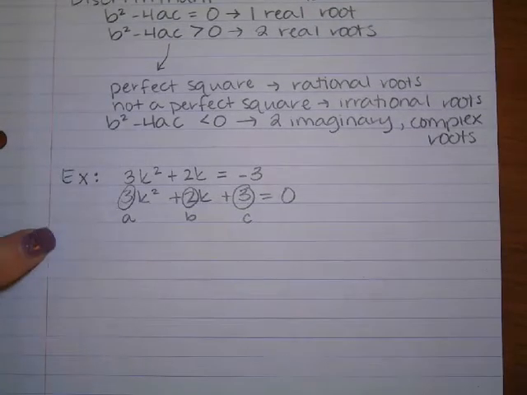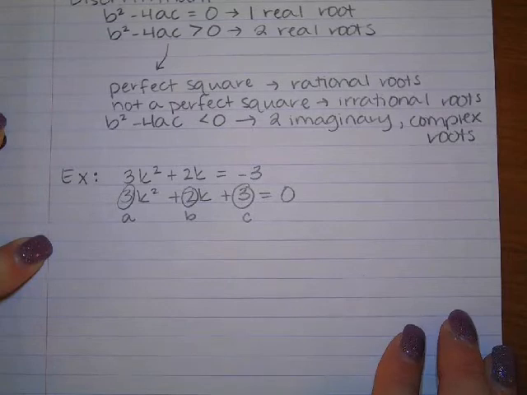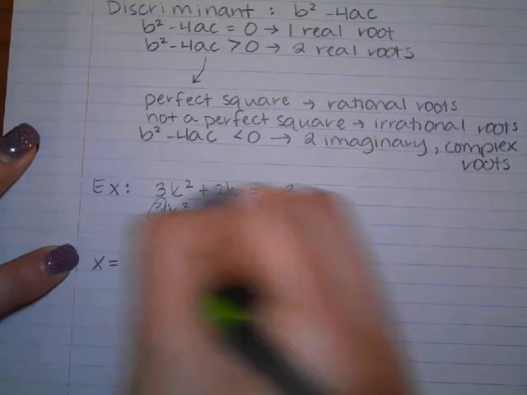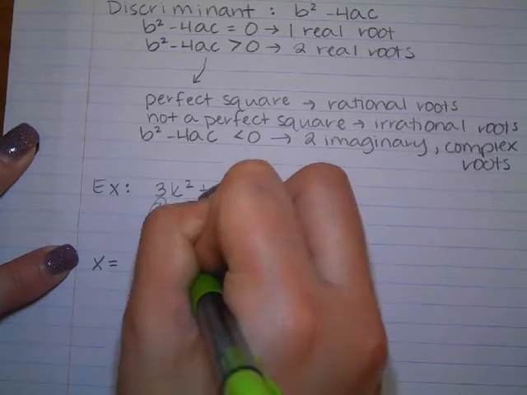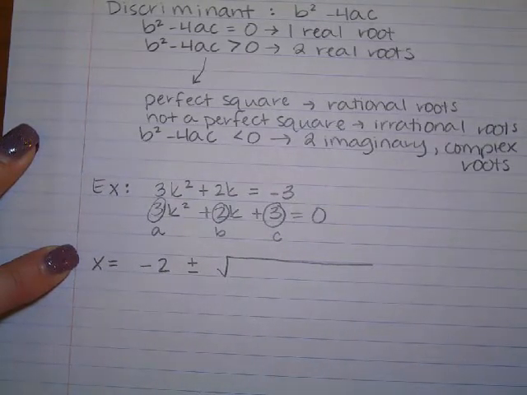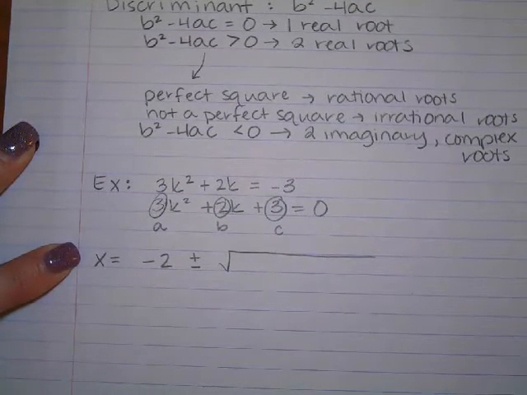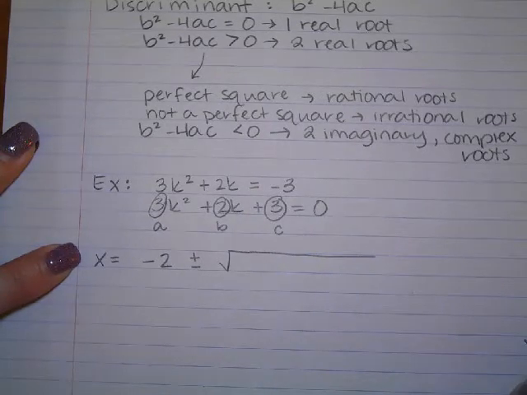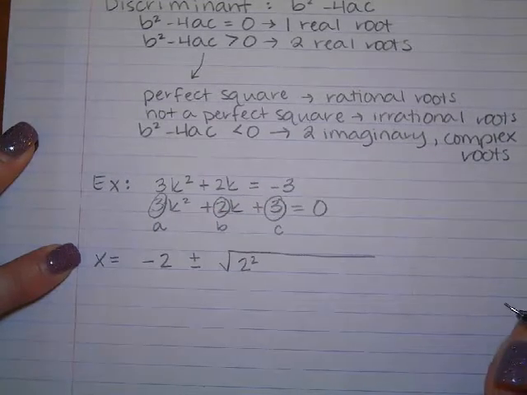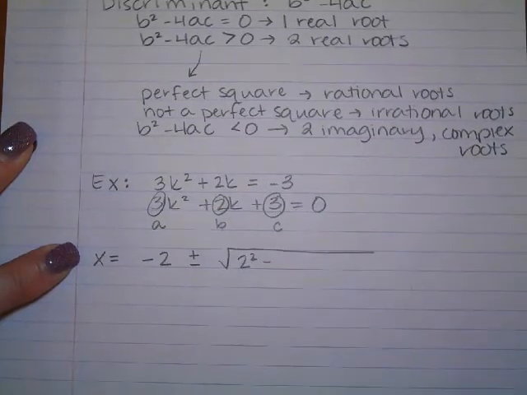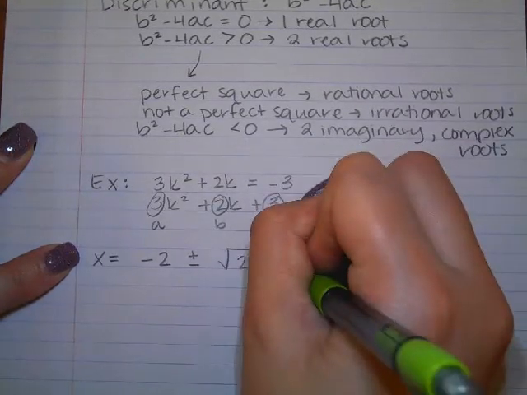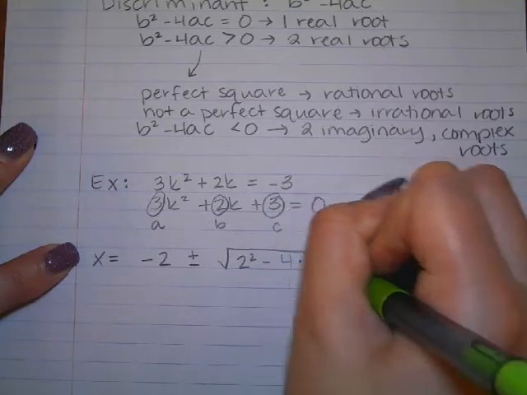All right, so how do I start? Negative b, so I'm going to say x equals negative b plus or minus the square root of b squared, 2 squared, or you can write 4, that's fine, minus 4 times a times c.